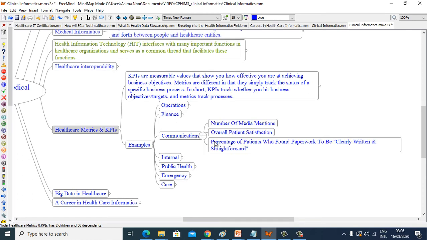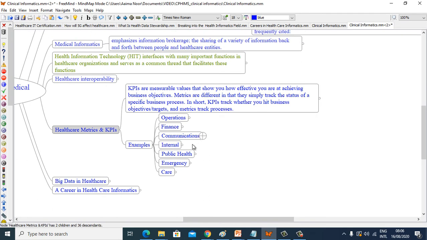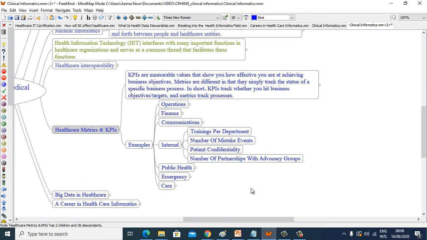In communications: number of media mentions, overall patient satisfaction, percentage of patients who found paperwork to be clearly written and straightforward. Internal: training per department, number of district events, patient confidentiality, number of partnerships with advocacy groups.